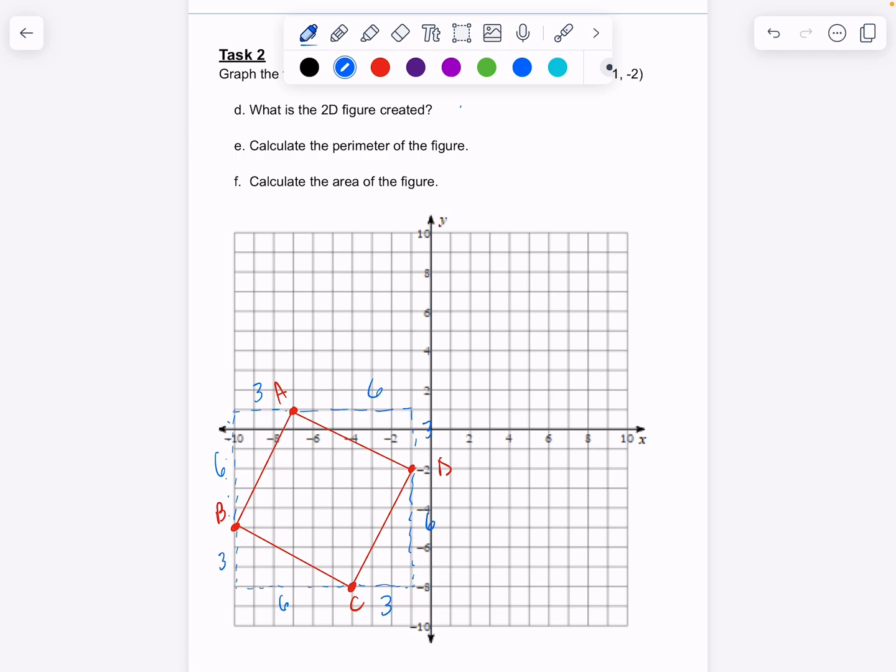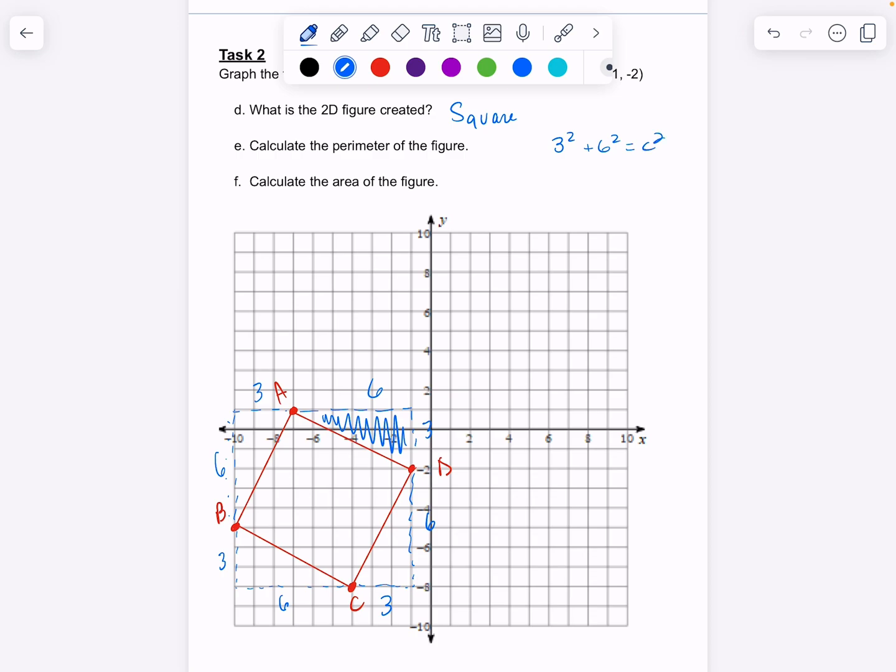So we can identify this as a square, which really tells me I only have to figure out this triangle right here one time, and then I know all of the side lengths of my square. So I'm going to use Pythagorean theorem, 3 squared plus 6 squared equals c squared.